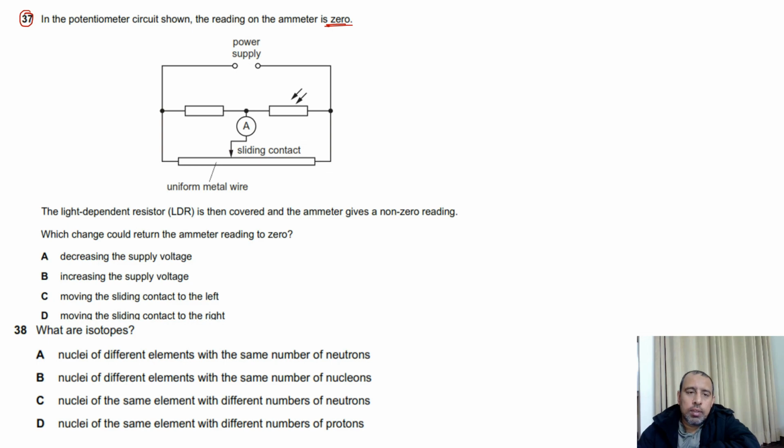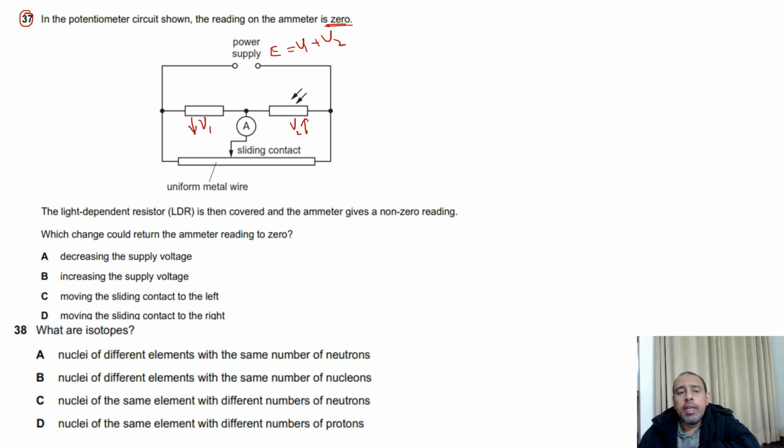The LDR is now covered, which means less light is falling on it. That's why its resistance increases. If its resistance increases, its voltage increases and the other voltage decreases, because V1 and V2, their sum must be equal to the power supply, which is constant.